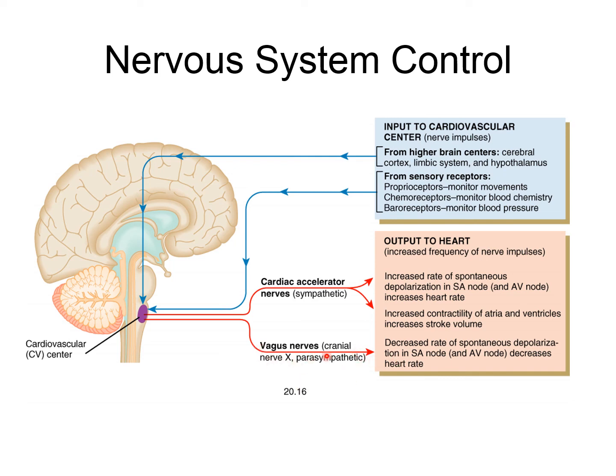So it is the vagus nerve, or the parasympathetic nerves, that are reducing the heartbeat and the force of contraction of the heart. And if the conditions are getting worse, then there is a need to increase the rate of spontaneous depolarization in the SA node and increase the heart rate, increase the frequency of nerve impulses.